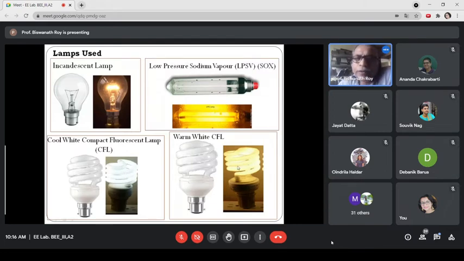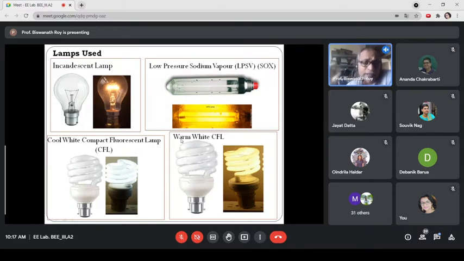This color is commercially termed as warm white. This is not as such a technical term. It is used in technical literature, but it is not related to warmness, or coolness, while the lamp is in operating condition, right?